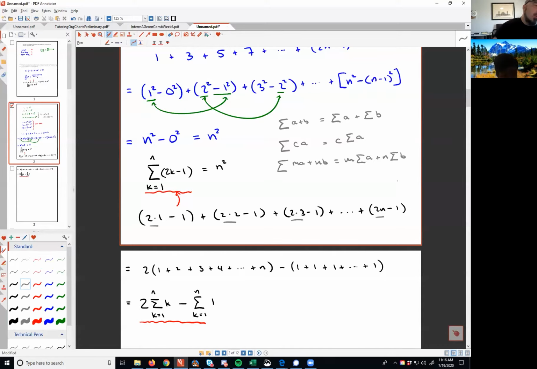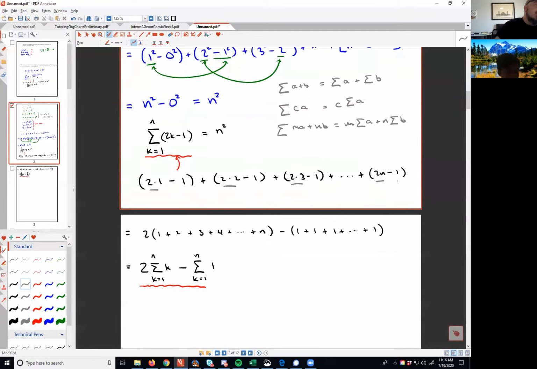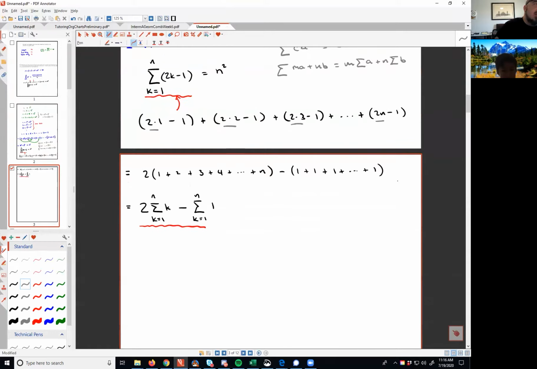But back to where we were. What we know is the two summations that are underlined in red, these are the same, right? Sum of the positive odd integers up to n, and 2 times the sum of the positive integers up to n minus the sum of a bunch of ones.